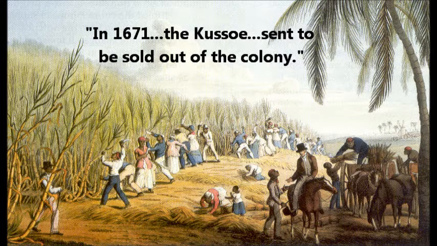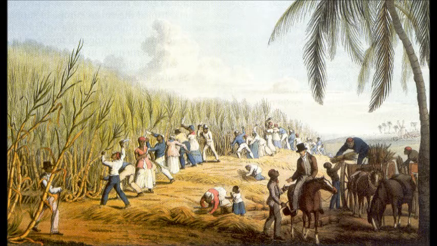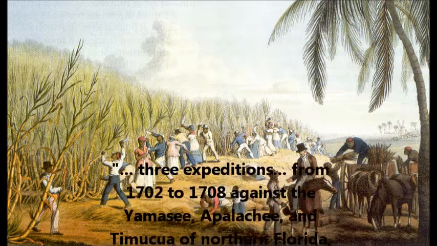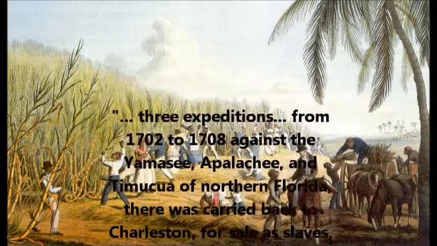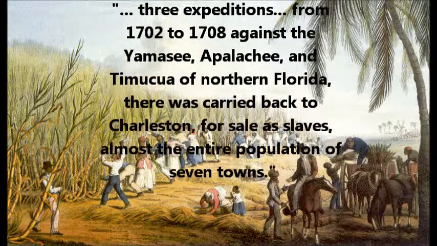colony. Also, during the war with the Stono Indians in 1680, the captive Indians were to be carried to the West Indies as slaves. He describes 3 expeditions from 1702 to 1708 against the Yamasee, Appalachee, and Timucua of northern Florida.